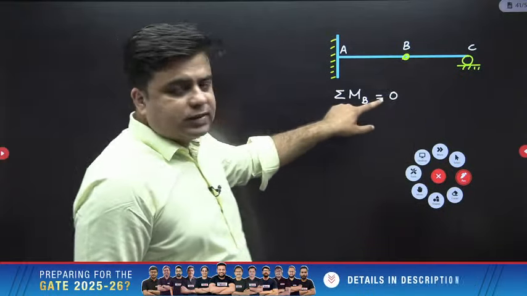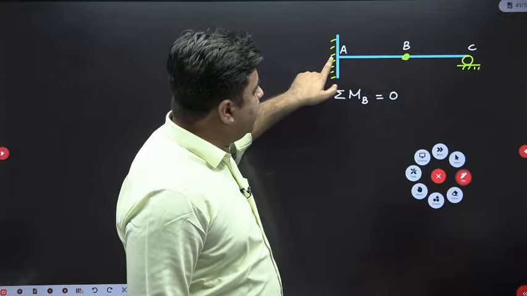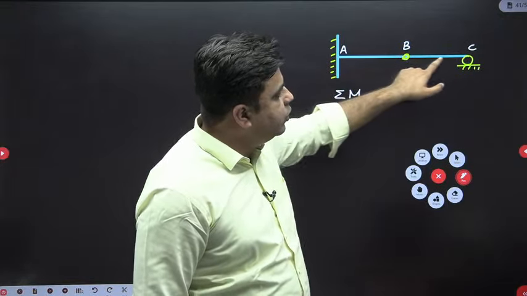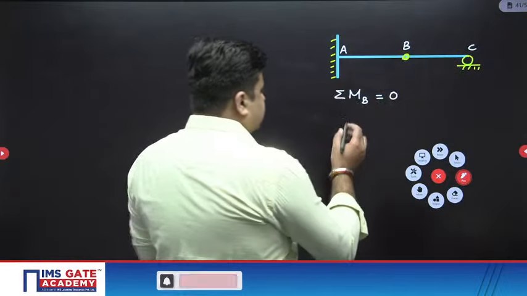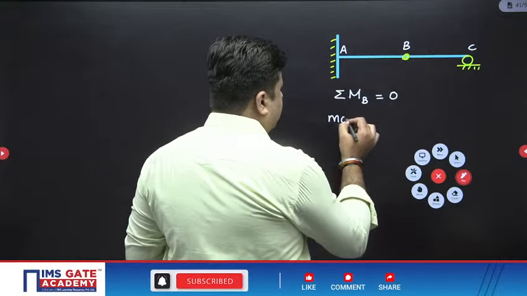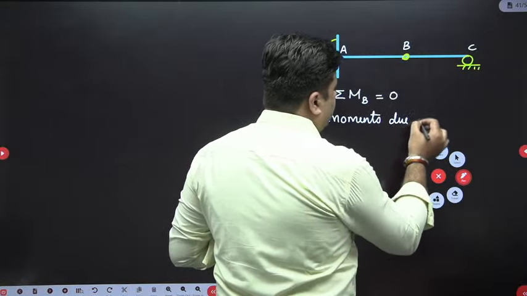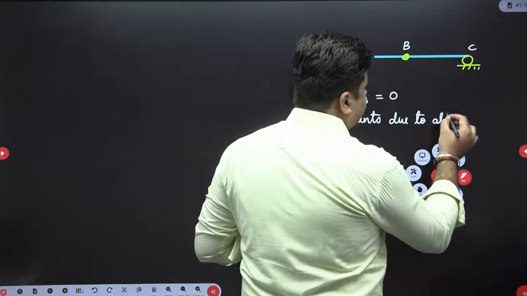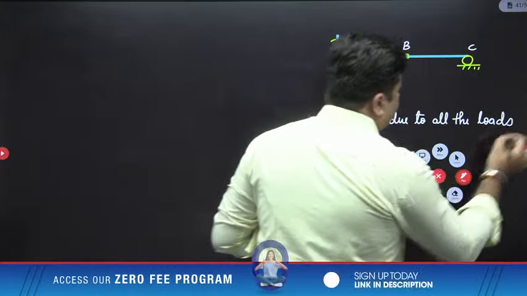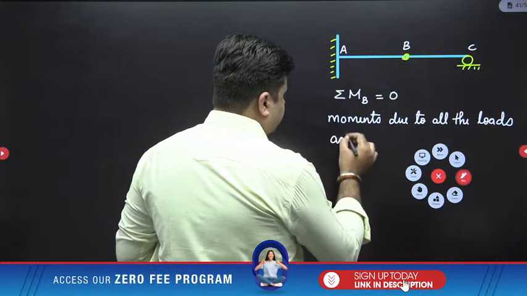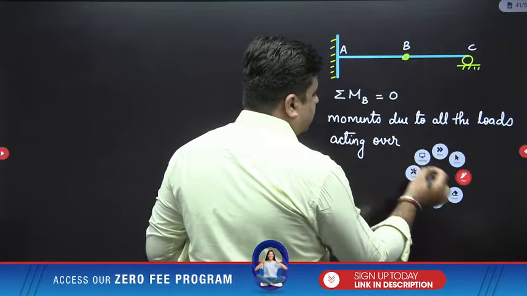When you write this, you have to stand at B and write down the moment due to all the loads acting over this beam AC.